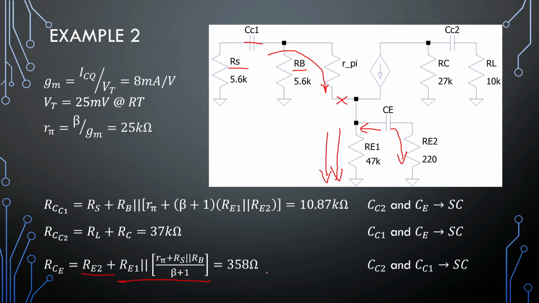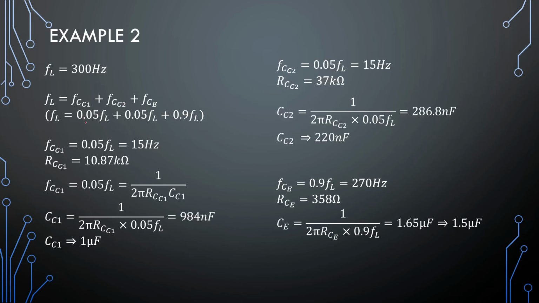And now we need to design for 300 hertz with 0.05, 0.05, and 0.9 times our lower frequency. Okay, so 300 hertz, that will be a 15, and a 270 hertz. If we calculate them, we will come up with a 984 nanofarad capacitor for our input. So we're going for 1 microfarad.